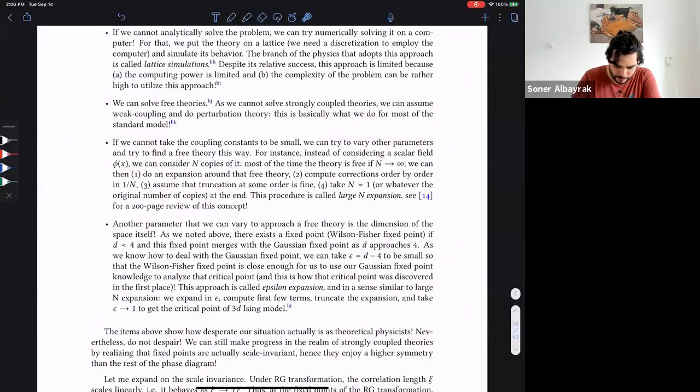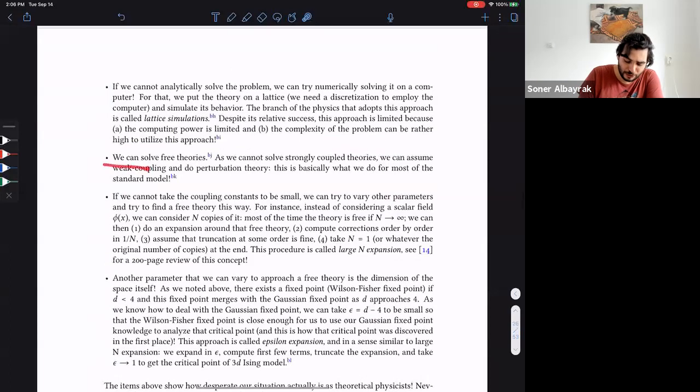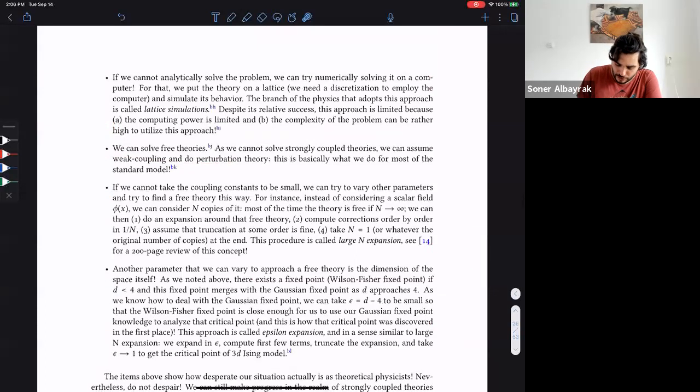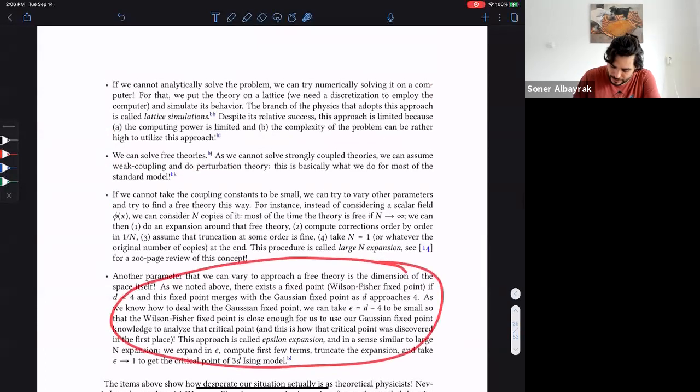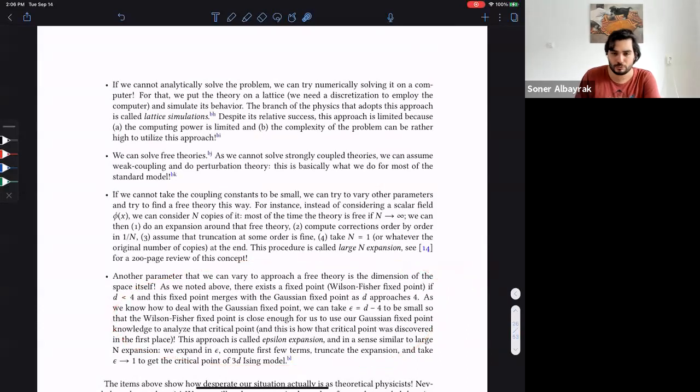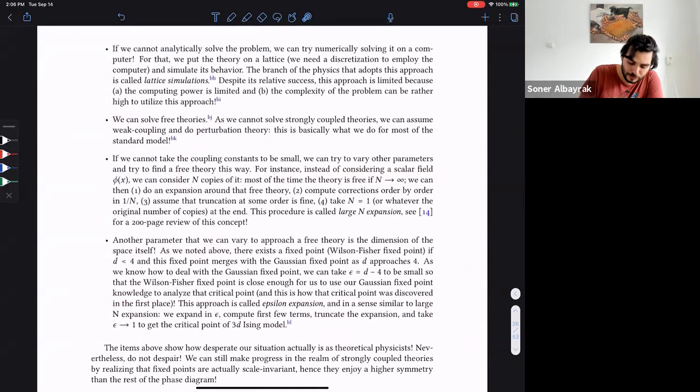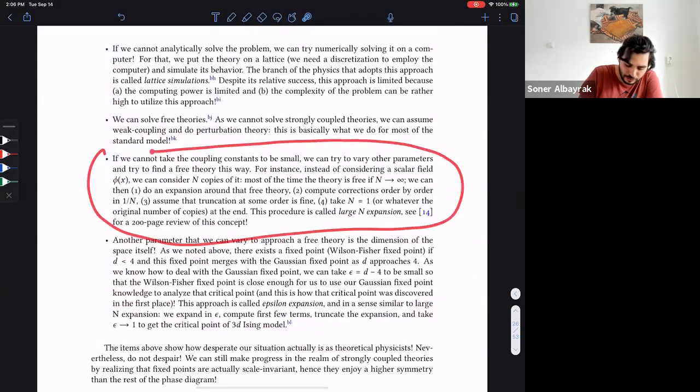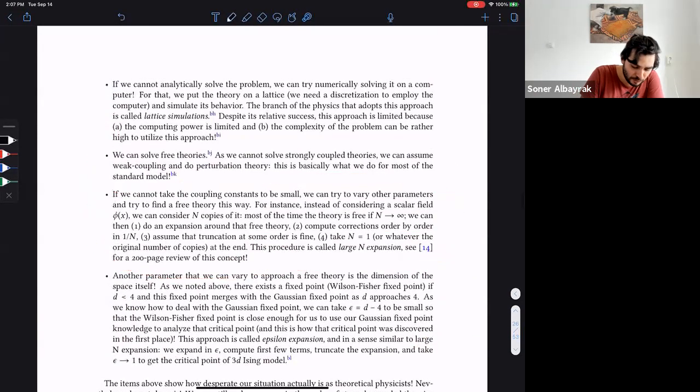Okay, what else? As I said, we can solve free theories, so we can try to approximate with free theories. One way is the epsilon expansion: take the dimension as 4 minus epsilon, take epsilon to be small, do the computation, etc. Another thing to do is the so-called large N expansion. The way it works is as follows.